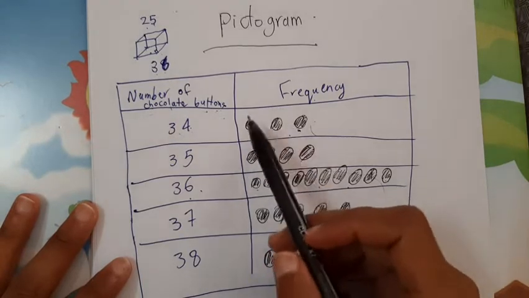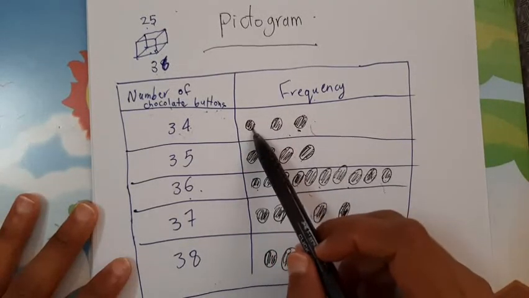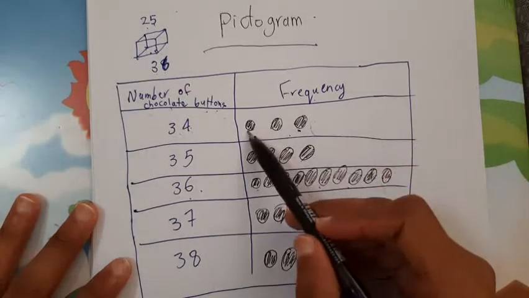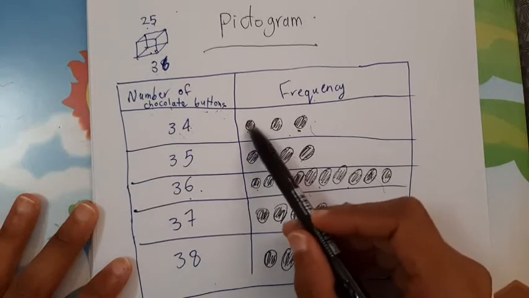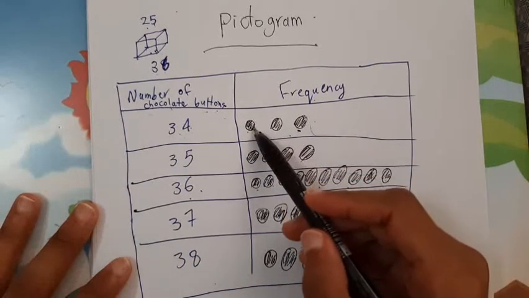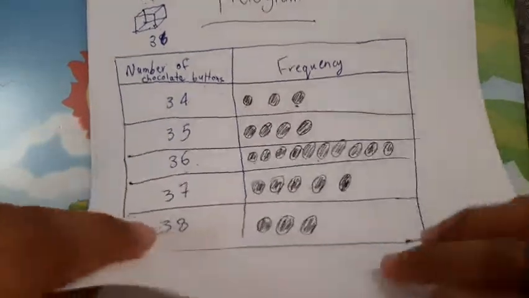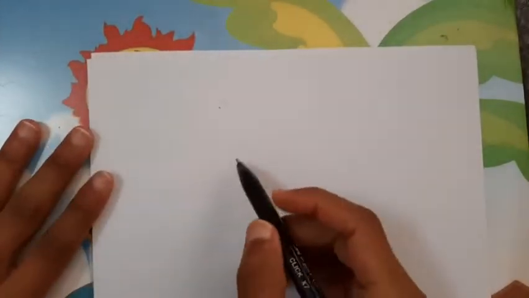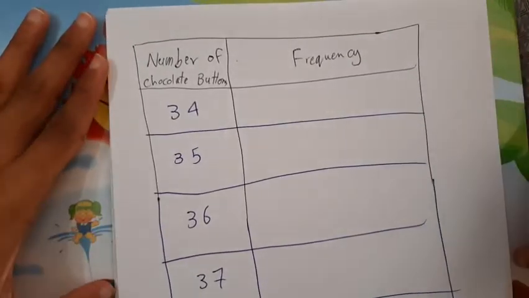I can make another pictogram in which one circle can represent more than one packet. I'm going to show you how to do that. So let's have another pictogram with the same example. Here it is, the pictogram.